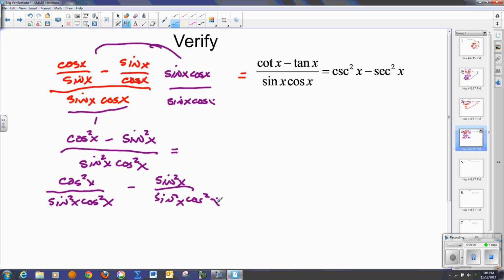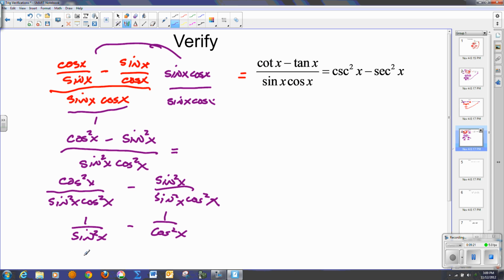And you'll notice right off the bat now that these cosine squareds reduce, leaving me with 1 over sine squared of x minus, sine squareds reduce, 1 over cosine squared of x.